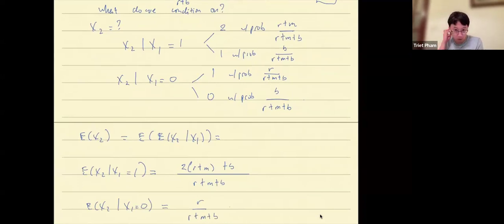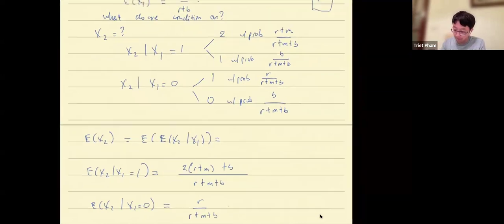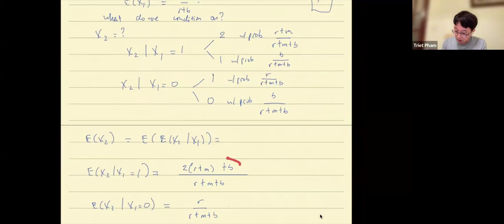But this happens with what kind of probability? X1 is equal to 1 with probability r over r plus b. And this is with probability b over r plus b.